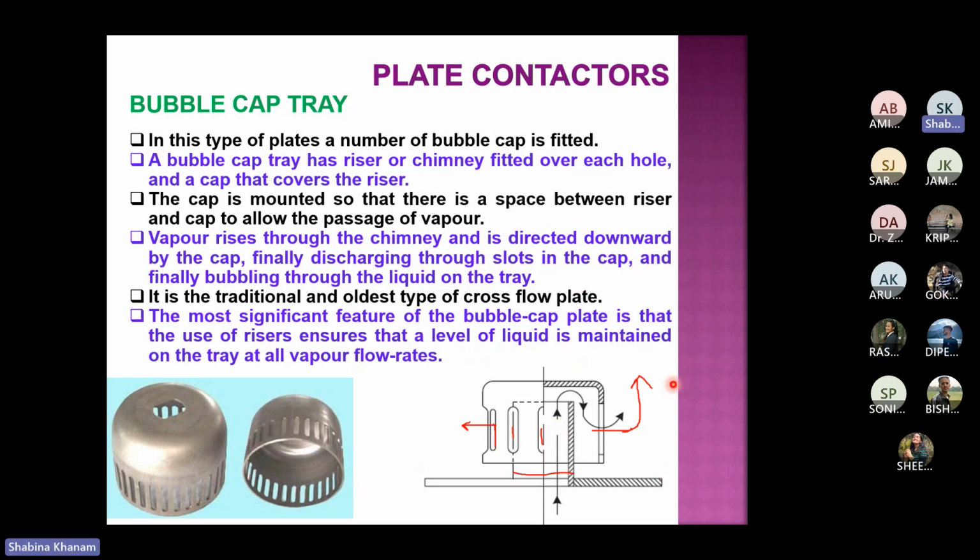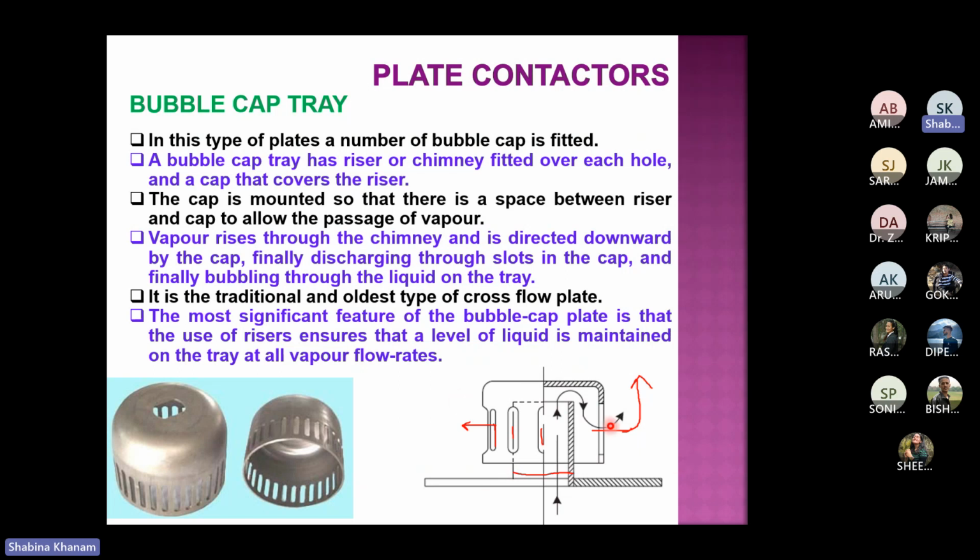Liquid is not allowed to move in this direction through this hole, and because of this riser, liquid cannot come in this direction. Therefore weeping will not occur, whatever the flow of the vapor. Therefore we consider that if vapor flow is very low, you should choose bubble cap tray.